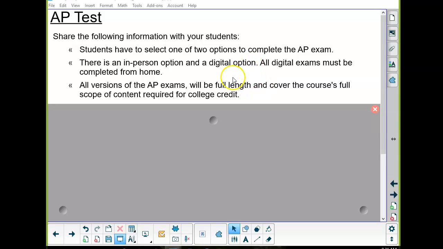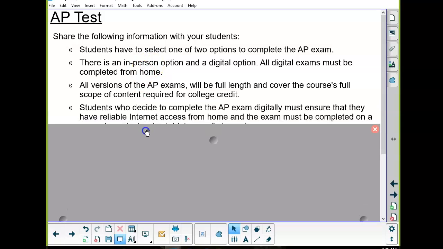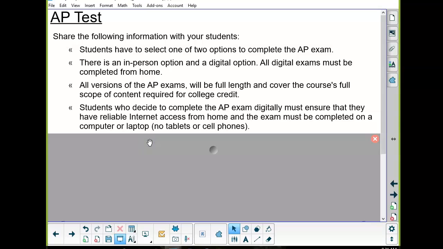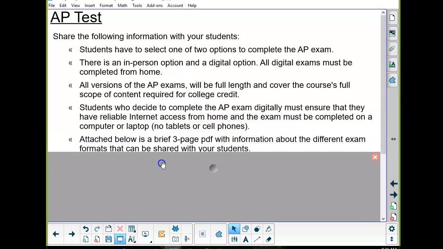And there's one big difference between taking it here at Tartan or at home, and I'll talk about that in a second. So students who decide to complete the AP exam digitally must ensure that you have reliable internet access at home, and the exam must be completed on a computer or a laptop. You can't use a cell phone or a tablet or anything other than a laptop or a computer.